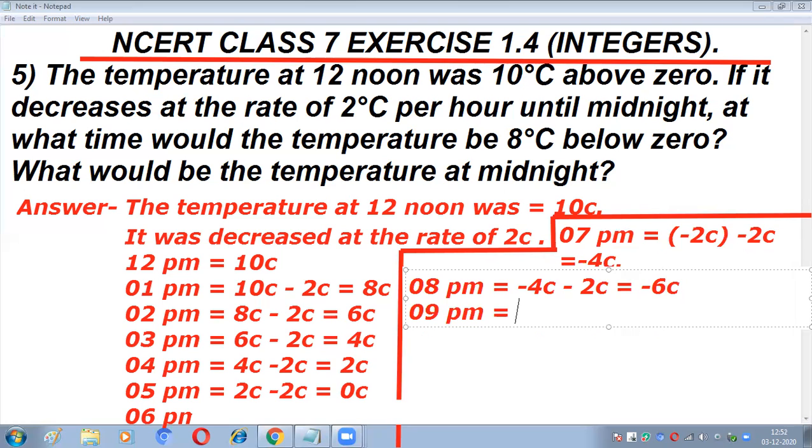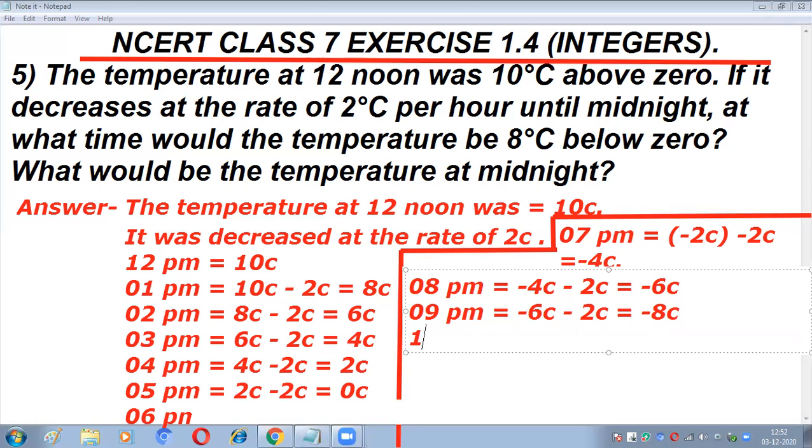9 p.m. is equal to minus 6 degrees Celsius minus 2 degrees Celsius. Minus 6 degrees Celsius minus 2 degrees Celsius is equal to minus minus plus, 6 plus 2 is 8, and minus 8, because here is negative, here is also negative.